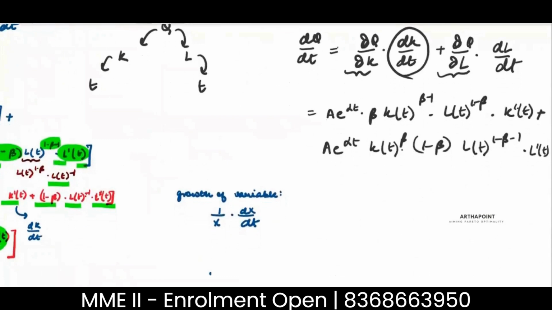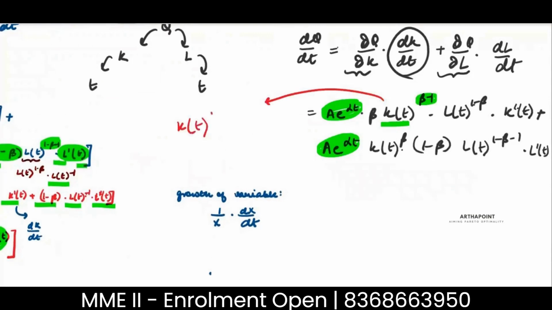Then I said that you should take this common, and Kt to the power beta minus 1 is nothing but Kt to the power beta into Kt to the power minus 1. So you can take this Kt also common from here and here. Then you will be left up with Kt to the power minus 1 here.